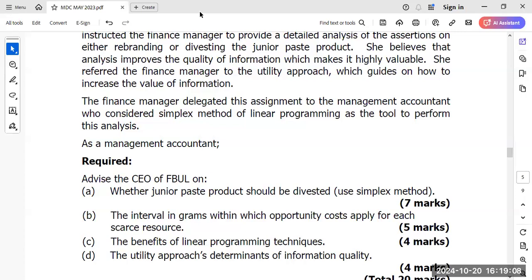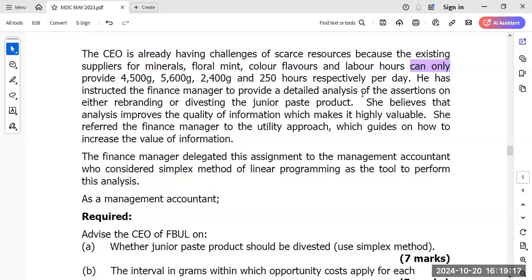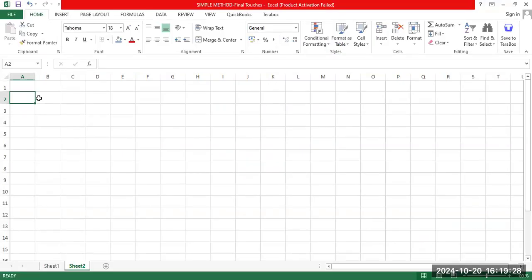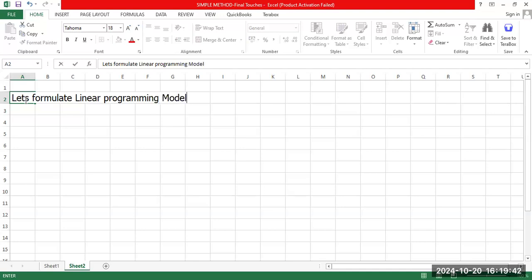Let's formulate the linear programming model, because that's the information we have. Other things are just gamble. One, we identify and define the variables.